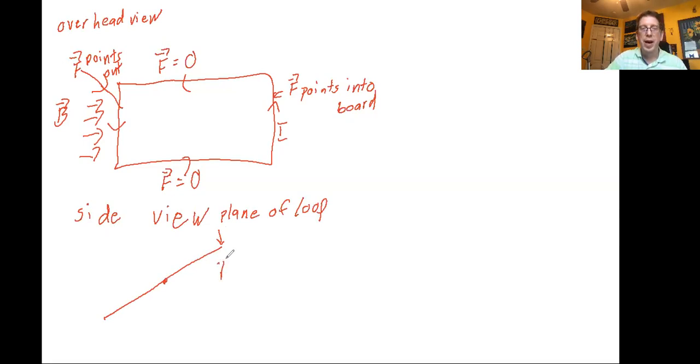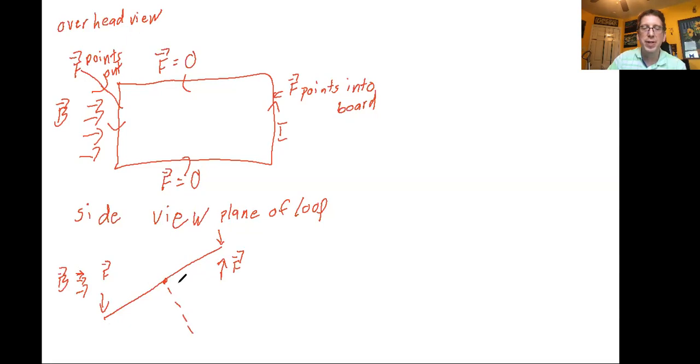So again, you have B pointing like this, and you have a force on one side and an opposite force on the other side, and what you're going to get is rotation.